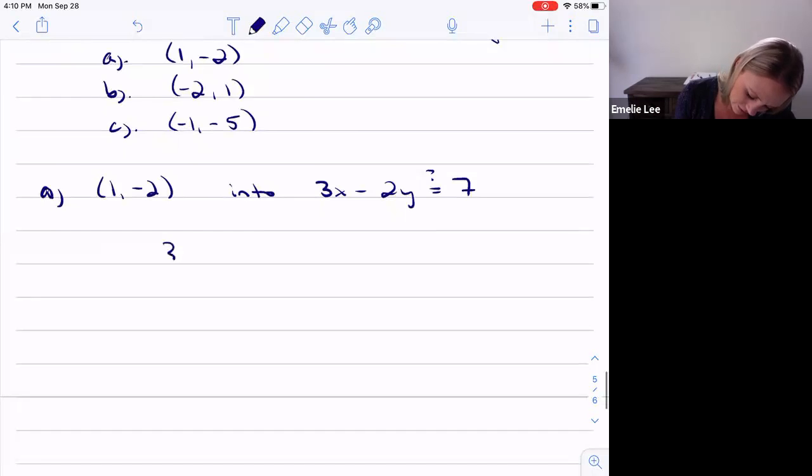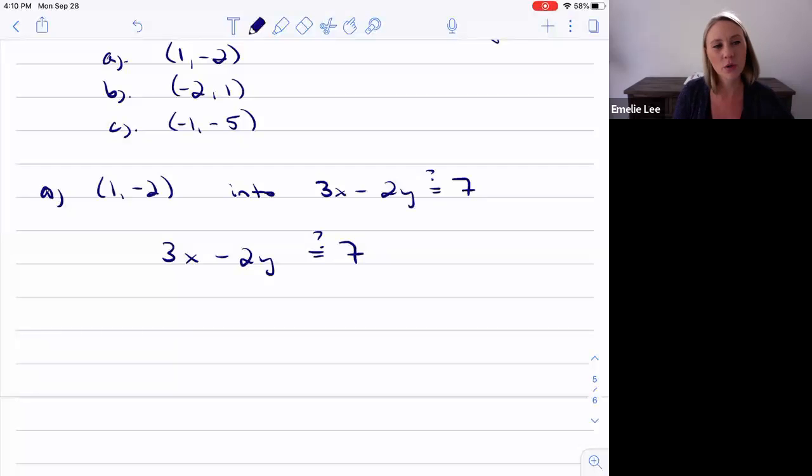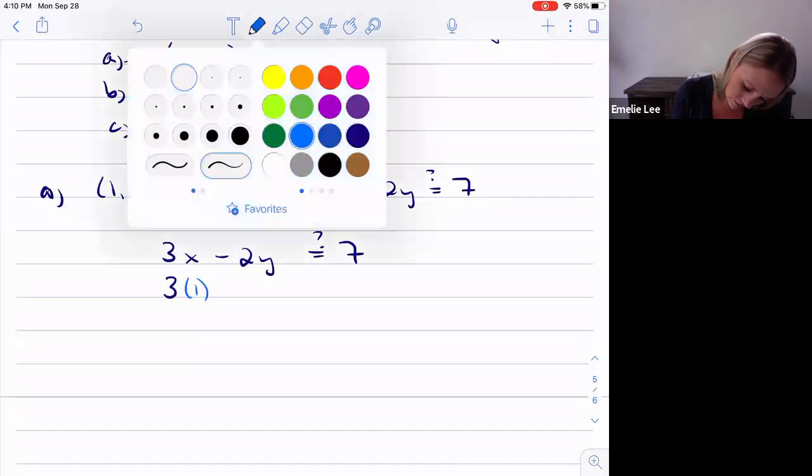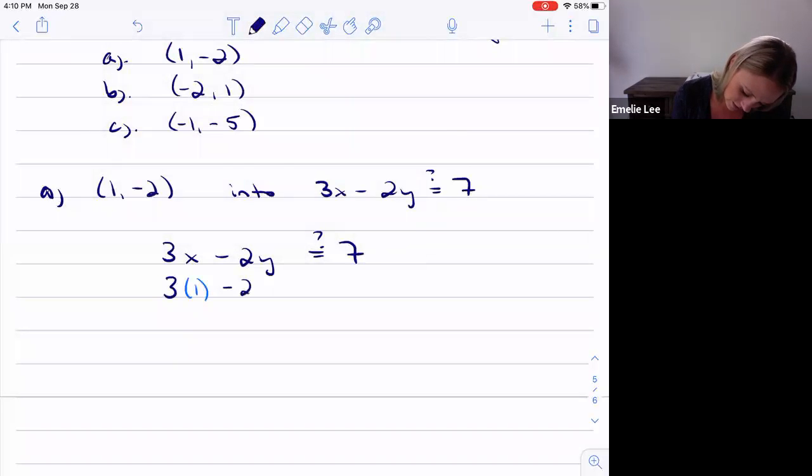So what I do is I have 3x minus 2y, and then until I've shown whether it equals 7 or not, I try to put a question mark above the equal sign. Then I have 3 times 1 minus 2 times negative 2.